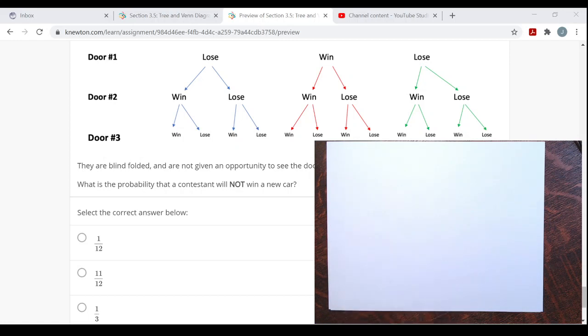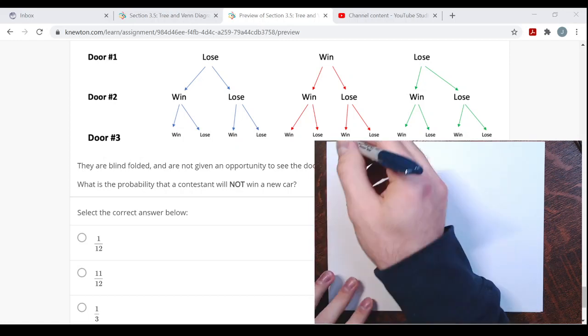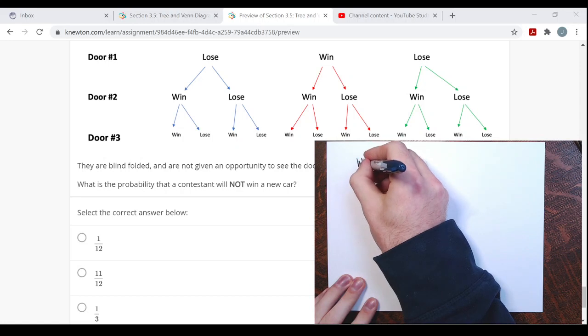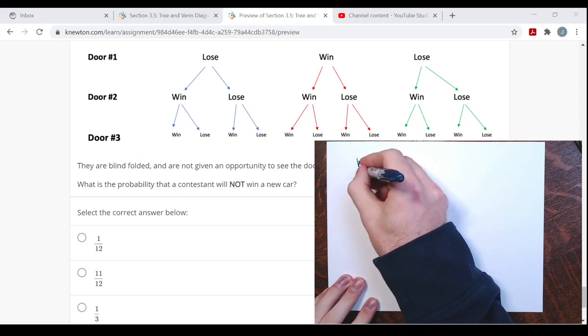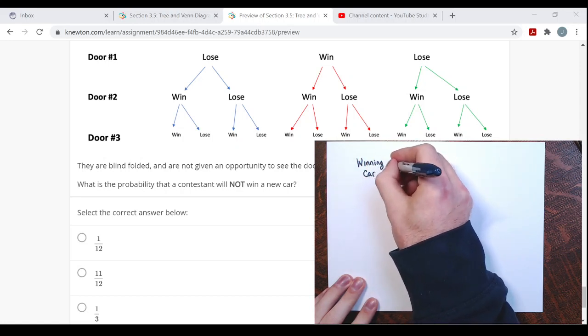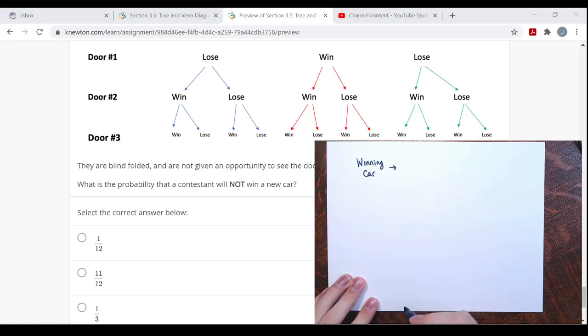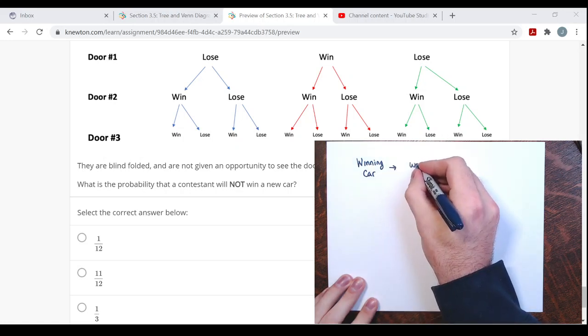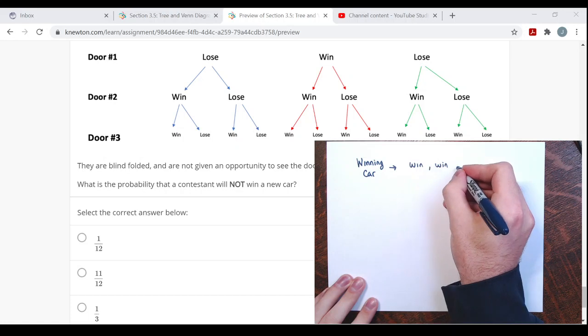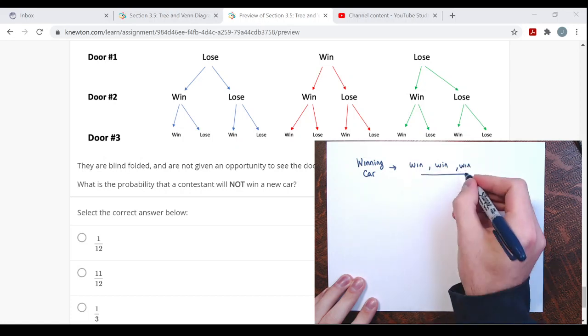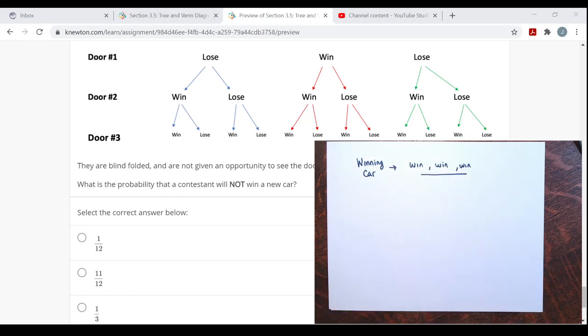Now remember, they told us in the problem that to win the car, you have to select win, win, win. You have to do that path. Right? You had to select 3 winning doors in a row.